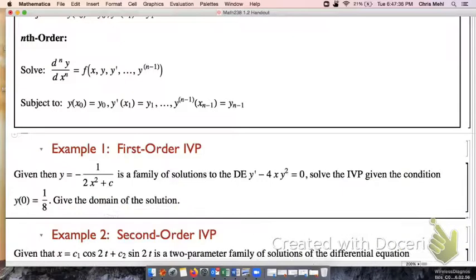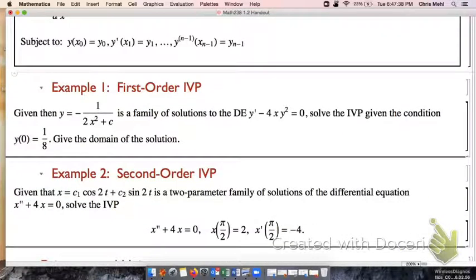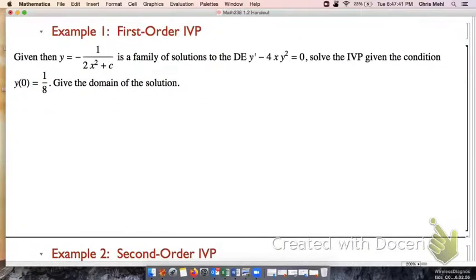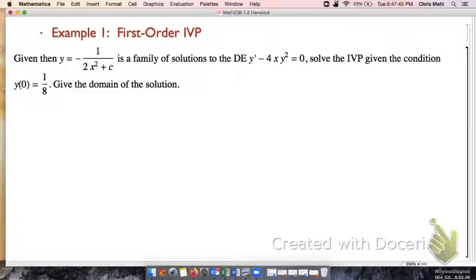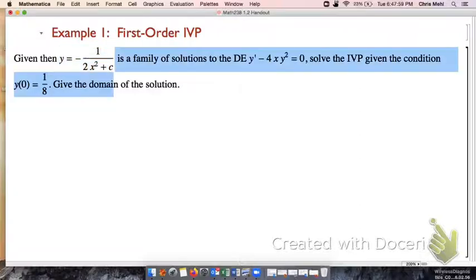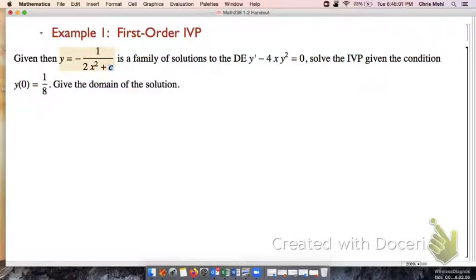Okay. So, example 1. Say you were given that a family of solutions to the DE, so the family of solutions y would equal negative 1 over 2x squared plus c. So that's that. c is that arbitrary constant that would appear after you solve the first order differential equation right here.